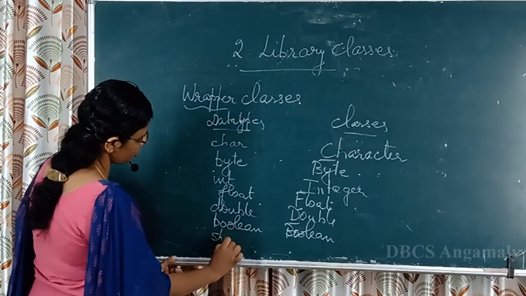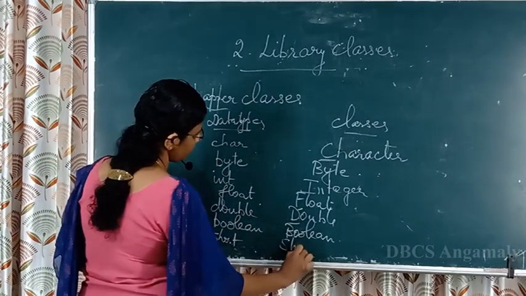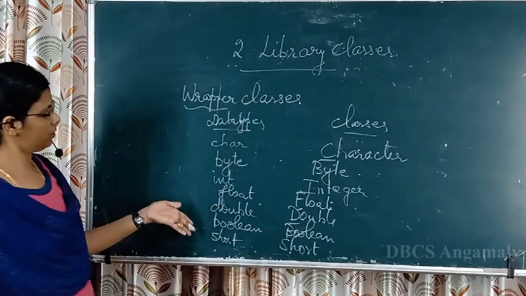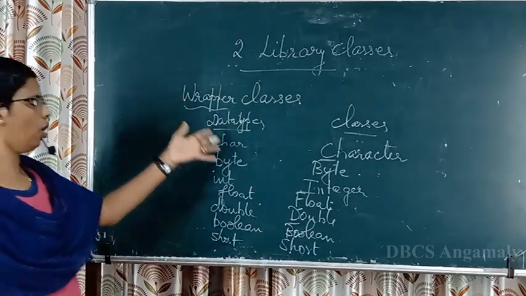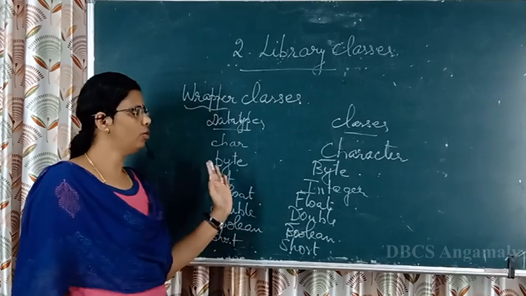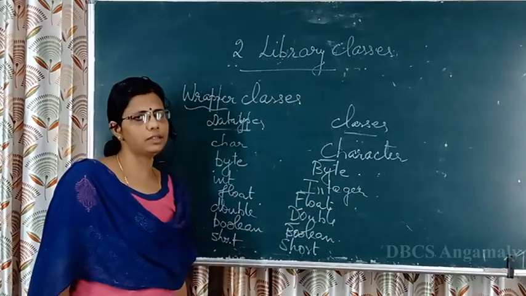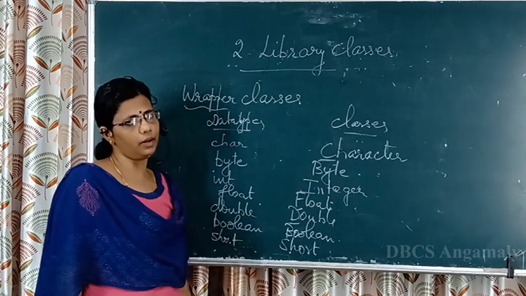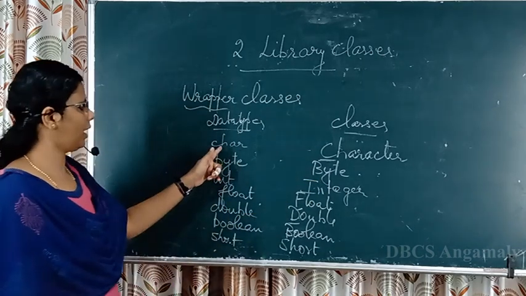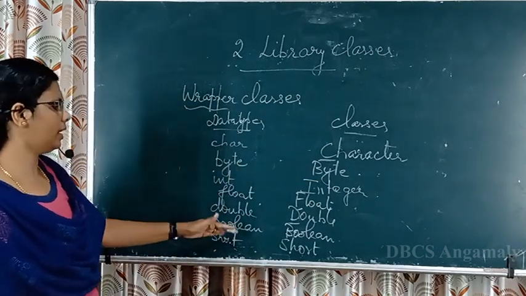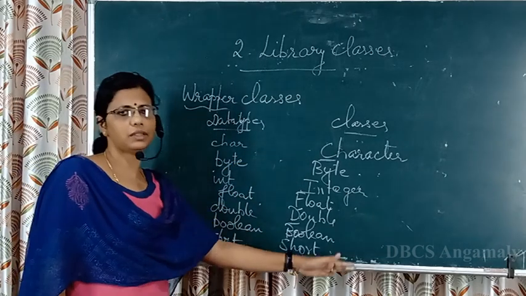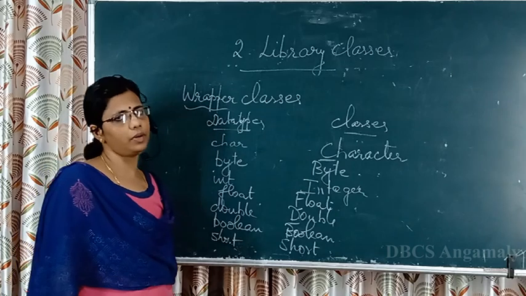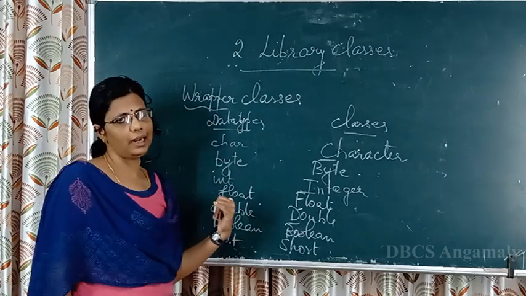If you have short, there again you have Short. So for all these, float, double, and so on, you have the corresponding classes with the first letter capital. Except for char and int, the names of the data types remain the same as the wrapper classes. So these are the corresponding wrapper classes for the corresponding data types.